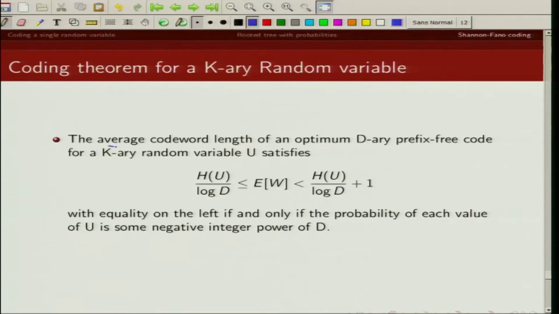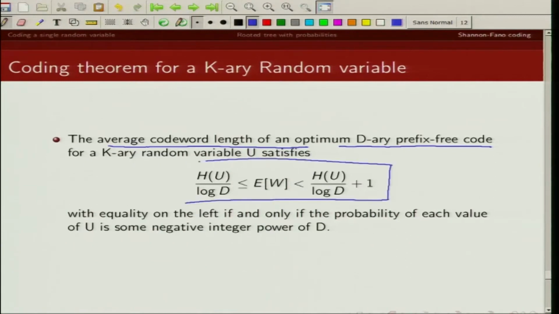So the average code word length of an optimal D-ary prefix free code satisfies this relationship. So the expected code word length is lower bounded by this quantity, and it can be upper bounded by this quantity.